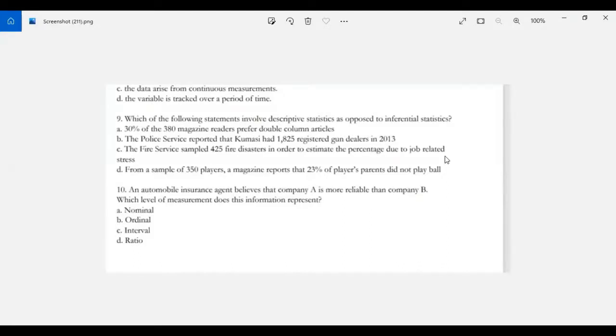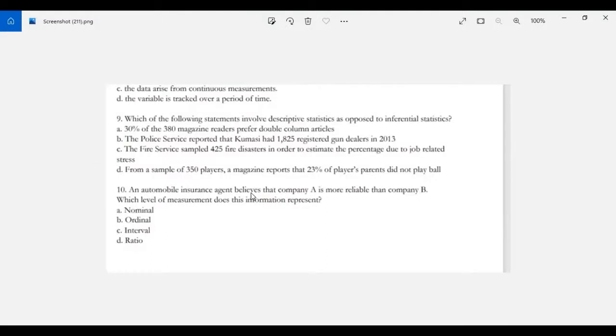An automobile insurance agent believes that company A is more reliable than company B. Which level of measurement does this information represent? Okay, answer.